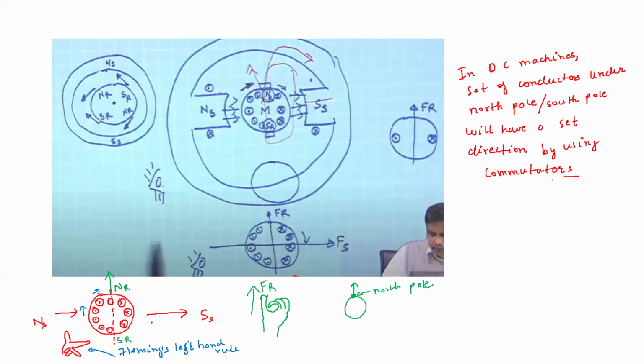Because the field lines are leaving here, this north pole of the rotor will get attracted toward the south pole in this direction, and the south pole of the rotor will get attracted towards the north pole in this direction, right? So we can find the direction of rotation by using the right hand thumb rule also.